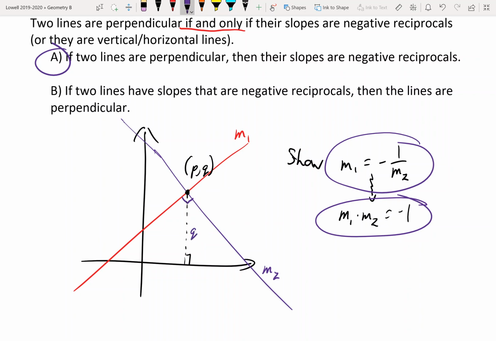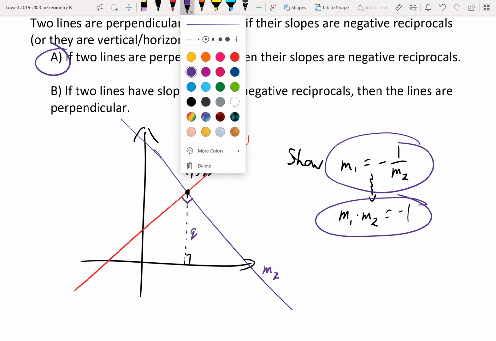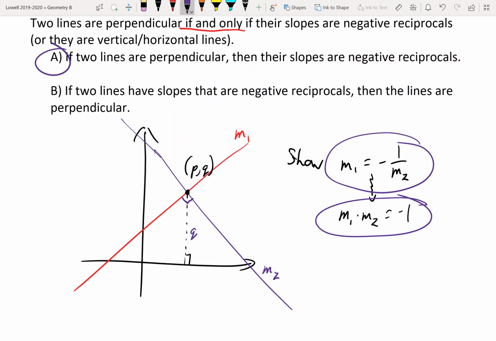I'm also going to split up this hypotenuse of the right triangle, because we know it's perpendicular, so this is a right triangle. I'm going to call this part B, and this part right here A. There's a reason I did this, of course.